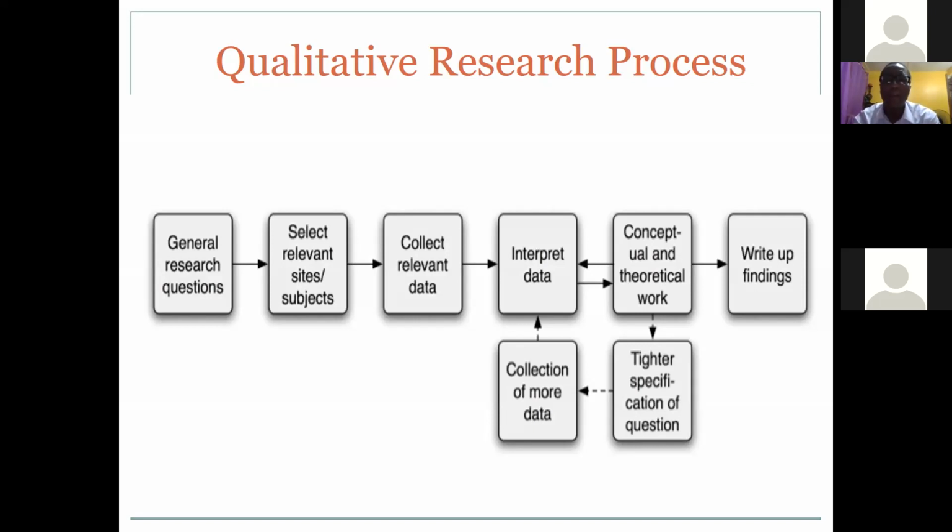So from the data, we can then conceptualize and build some theoretical work, right? So if you remember, I was talking about building theory as opposed to testing theory, right? So having interpreted the data, we can see some theory emerging, right?